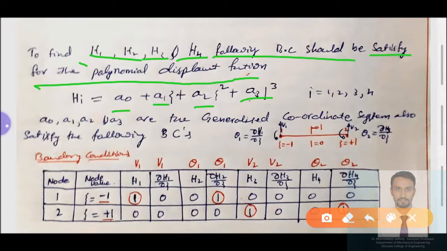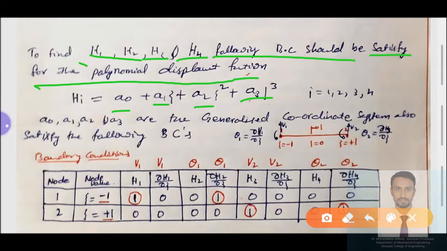Now, before finding these generalized parameters of the assumed polynomial Hermite shape function h of i, we need to identify what boundary conditions are there at each node with respect to the transverse displacement or rotation, right? How many shape functions do we need to find? 4 shape functions. That means we need to identify 4 types of boundary condition from the given beam element.